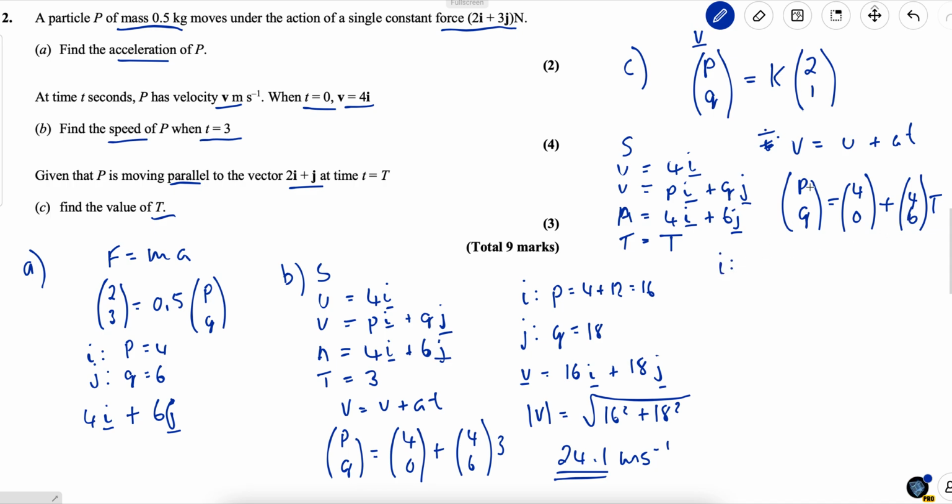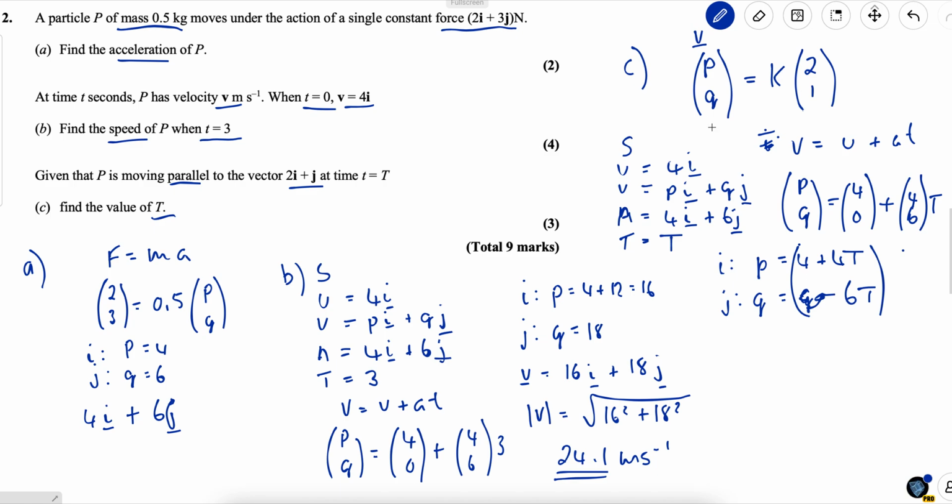So in i, p equals 4 plus 4t, and in the j direction, q equals 6t. So I have both parts of the vector. So the velocity of this vector now will be, we can actually just write that as a column vector like that, 4 plus 4t i, 6t j.